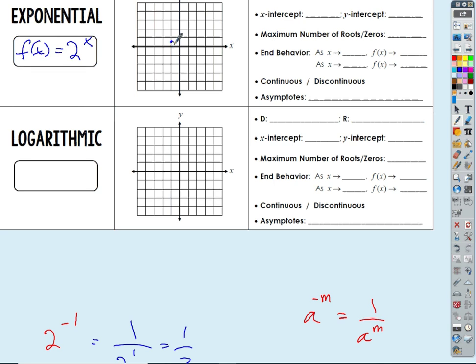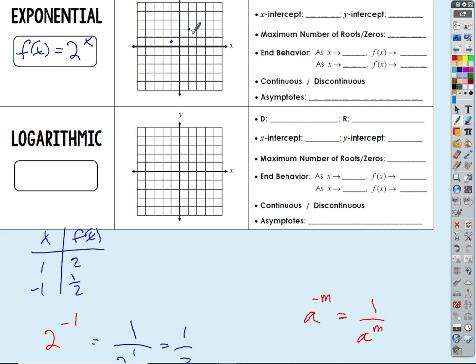What if I pick positive 1? What's 2 to the 1? 2, okay? And really, I'm just making a data table, aren't I? Making a t-table. If I pick some values of x and I calculate some values of f of x, if we picked 1, we get 2. If I pick negative 1, I get 1/2.